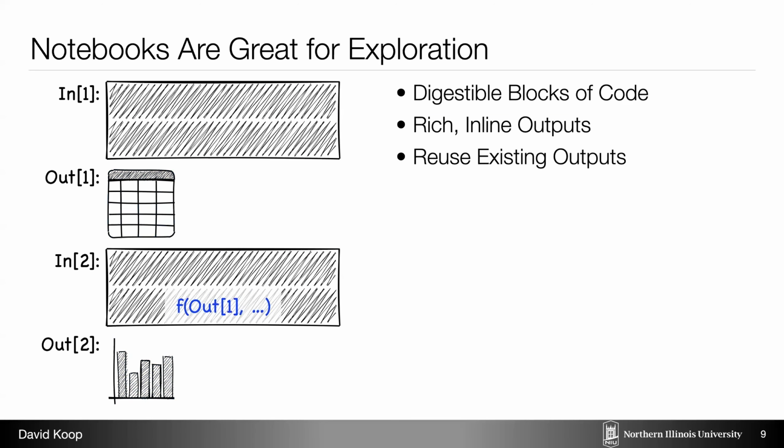You have the ability to have code in one cell that leans on the outputs of another cell. And you have the ability to jump in wherever you want, so you're not limited by running the whole script to generate the output. If you want to tweak something and just run a couple of cells, maybe at the end of the analysis, you can just run that bit of code.